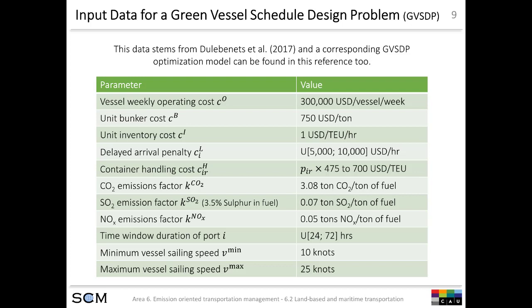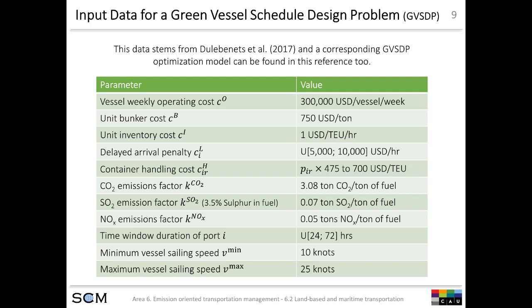The ships have to stick to their schedules, and there might be some arrival penalties if they are too late at a port. We have handling cost rates at a port, and we have emission factors for carbon dioxide, for sulfur dioxide, and for nitrogen oxide that reflect the environmental impact of the fuel that is used here.